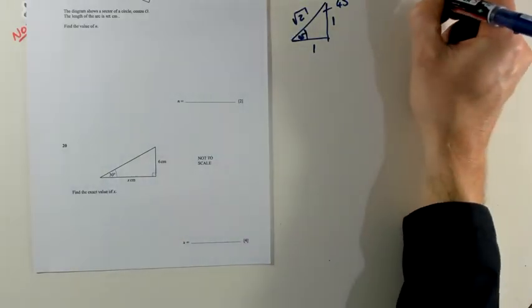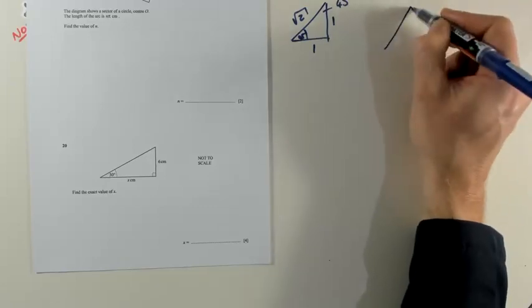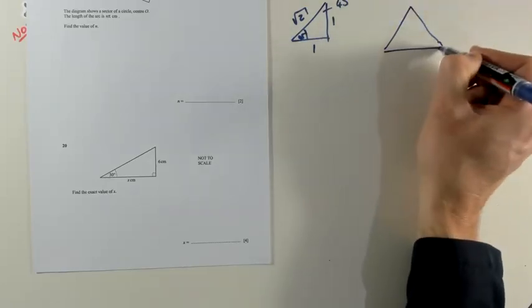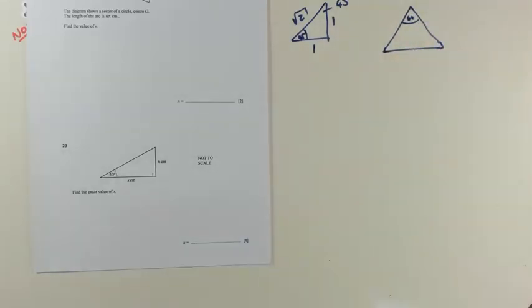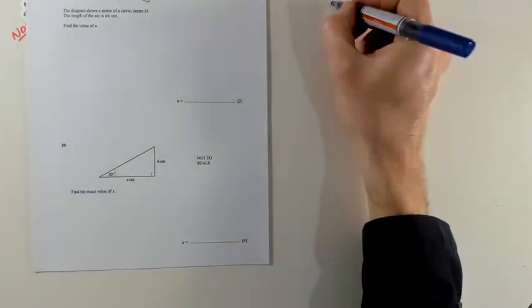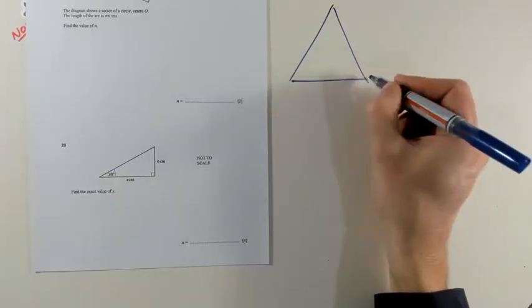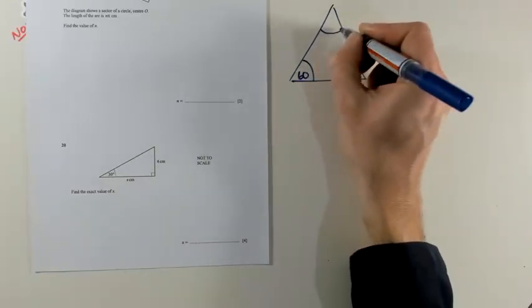So I'll use a different triangle. I'll think about an equilateral triangle, which is 60, 60, and 60. I'll draw this one a little bit bigger.